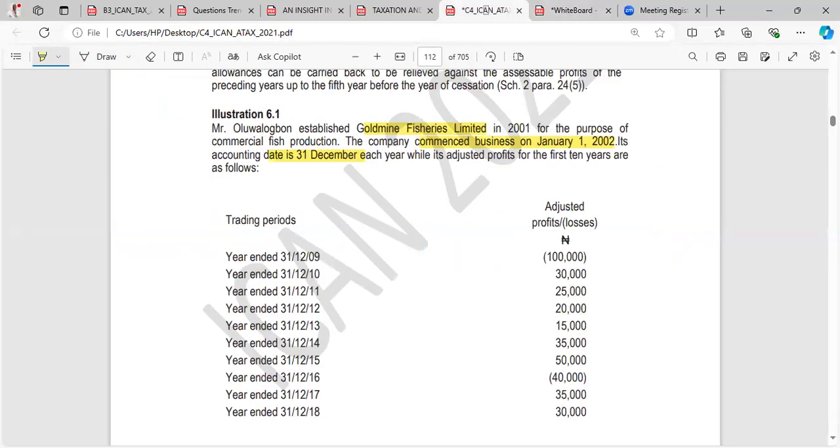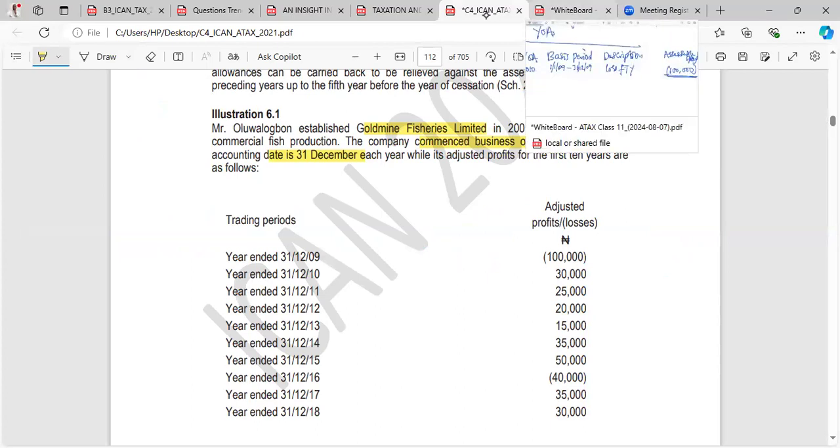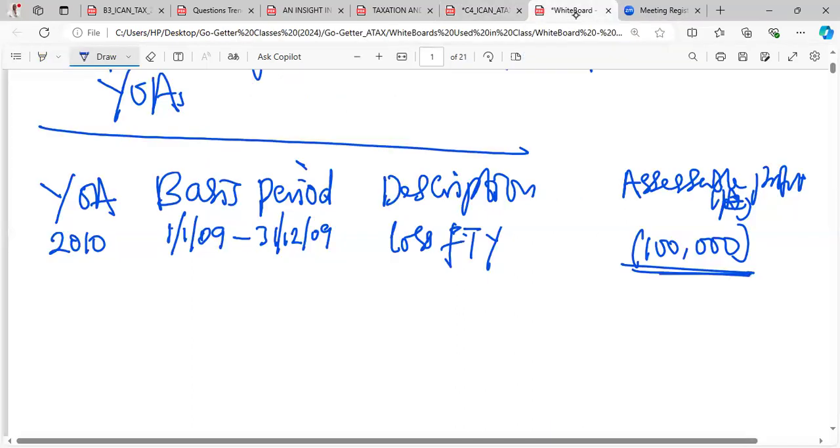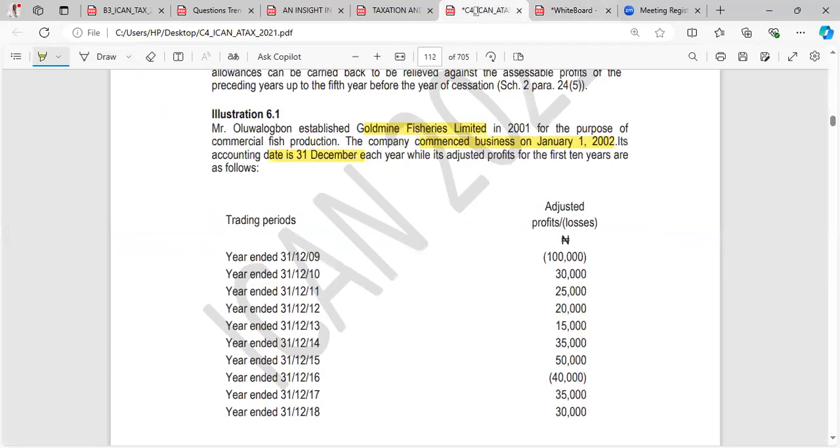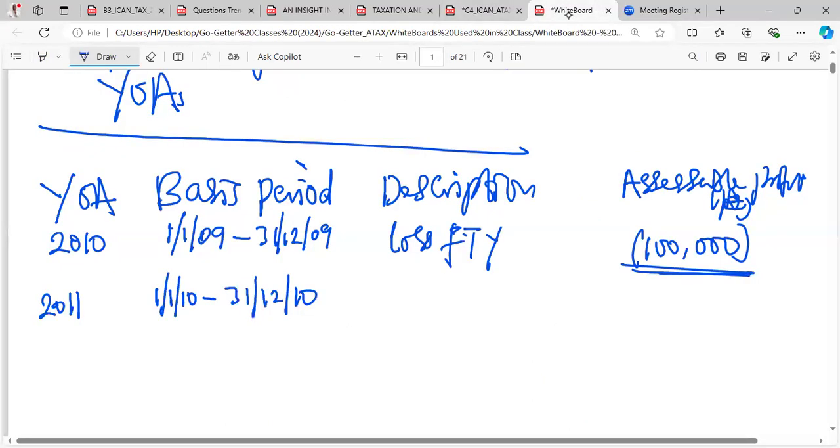Then the next year, what we have here is 2011. That should be from January 1, 2010 to 31st December 2010. And we have a profit of 30,000. So we have assessable profits.